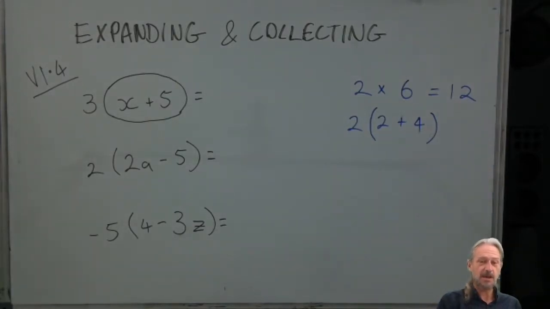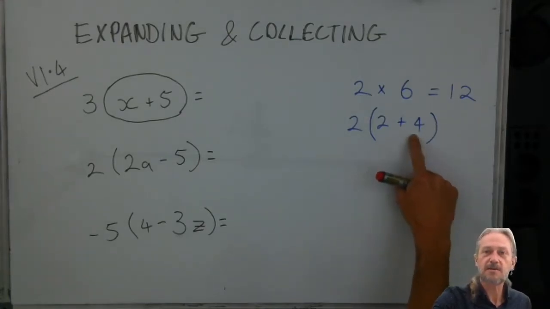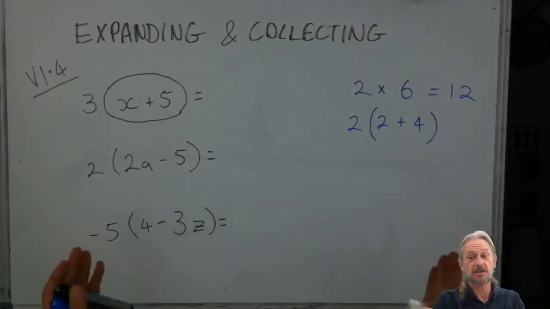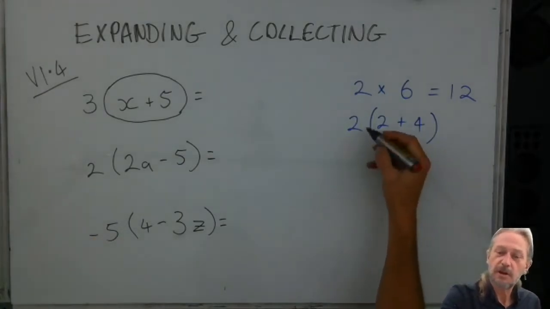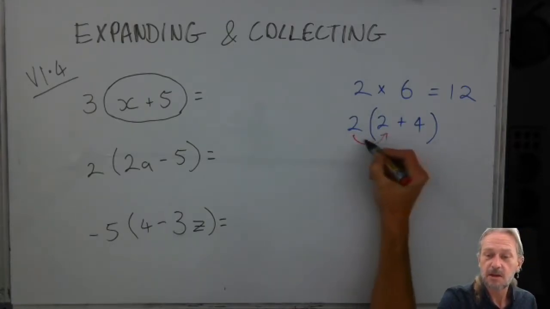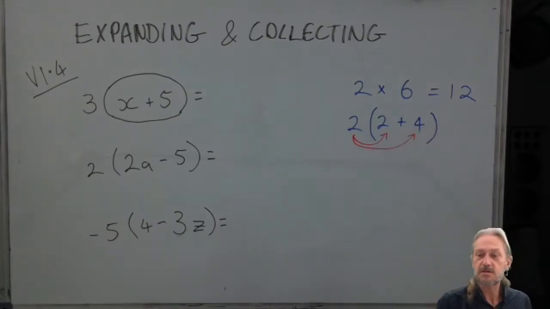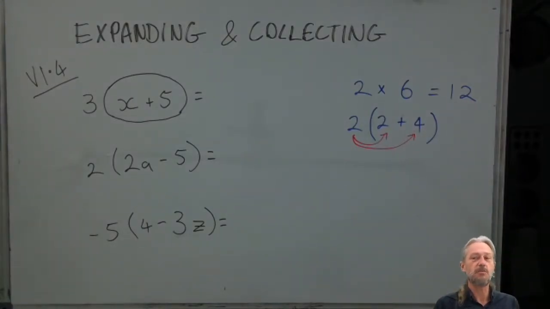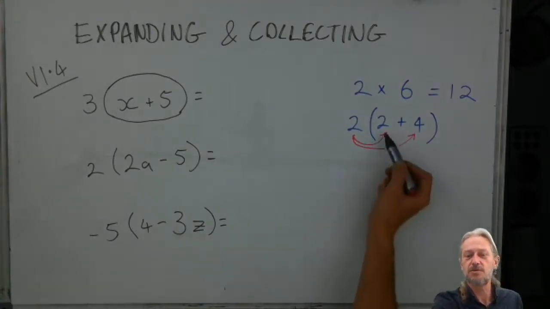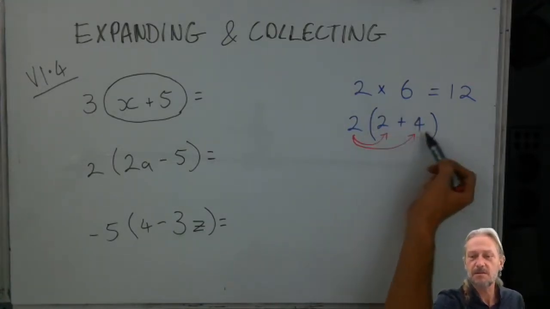But what's going to happen here is, instead of doing what's inside the brackets first, we can actually expand the brackets away by multiplying what's on the outside by both terms on the inside. So I'm using some mathematical language here. Terms are things that we can add and subtract together. So 2 and 4 are terms.